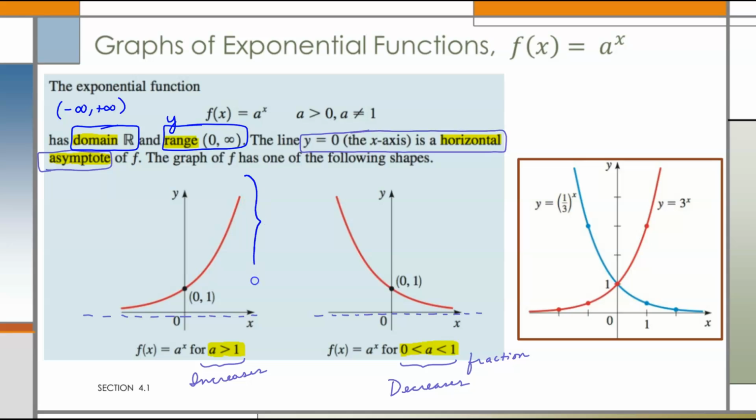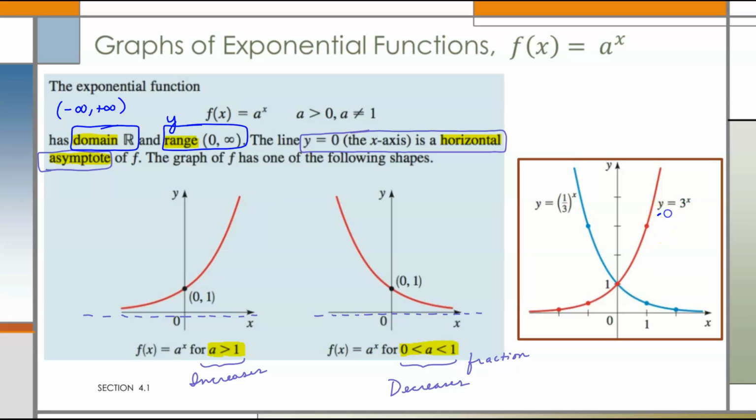If I look at the range, since we never touch or cross the x-axis, the range starts at 0 and goes to infinity. This will be the case as long as we don't have a transformation, shifting the graph up or down, or reflecting on the x-axis.